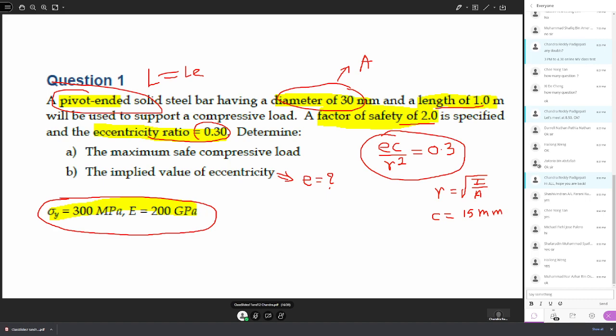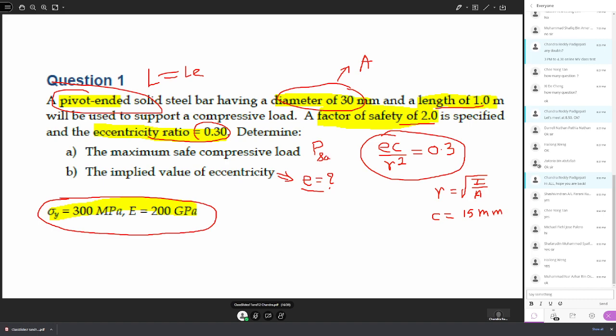All right, then you can calculate r, and from this formula you can easily calculate the eccentricity value. But before that, you need to calculate the maximum safe compressive load, P safe.